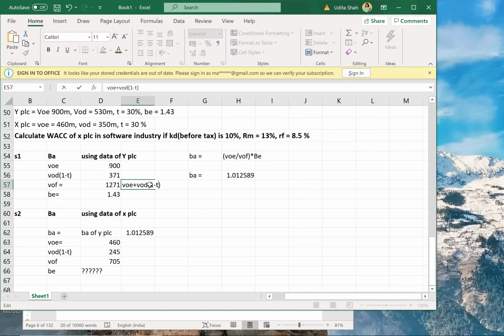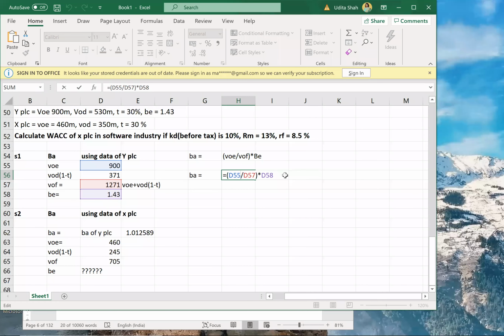That will give me value of firm. And beta of equity they have given, 1.43. So this whole data I'll put in my beta of asset formula: value of equity divided by value of firm into beta of equity. Value of equity was 900, divided by value of firm 1271, and into 1.43.